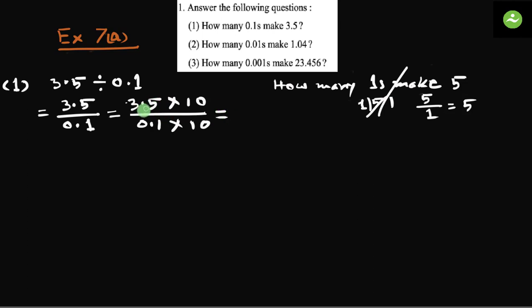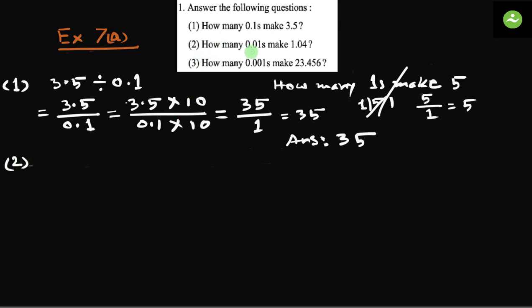Now this will be 35 over 0.1 into 10, which is 1, so it equals 35. So 35 0.1s make 35. The answer is 35.